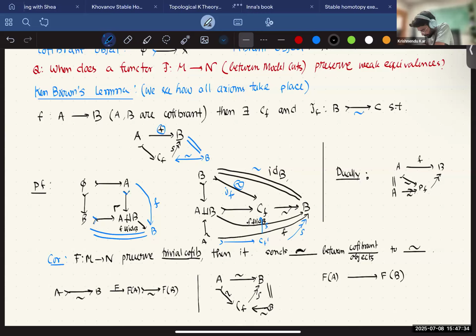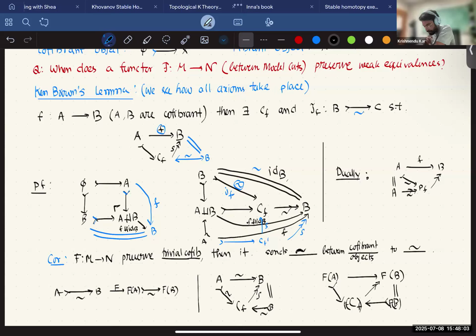So if I apply the functor over here, then I will get this guy CF, then F of B, F of CF, F of B. This is your equality, and this is your fibration.